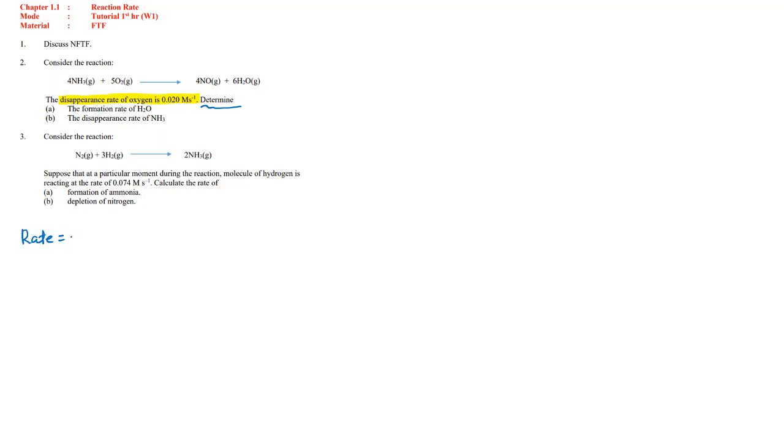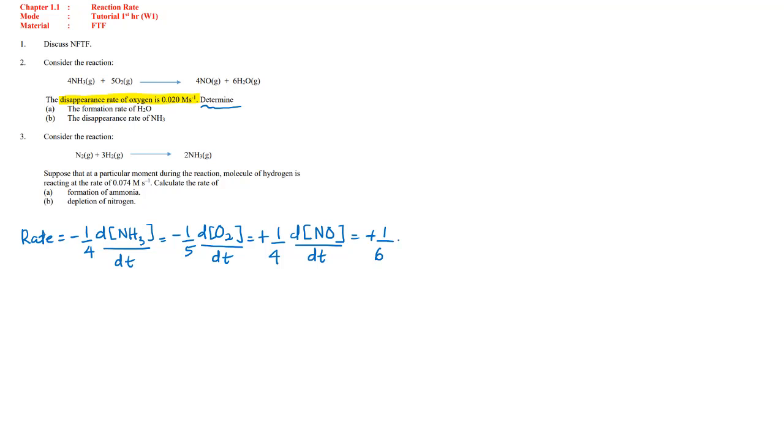So rate equals -1/4 d[ammonia]/dt equals -1/5 d[oxygen gas]/dt equals +1/4 d[nitric oxide]/dt and equals +1/6 d[water vapor]/dt.